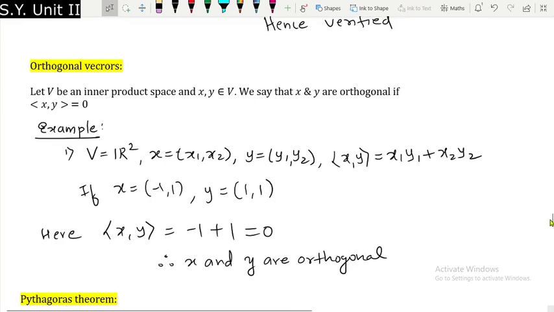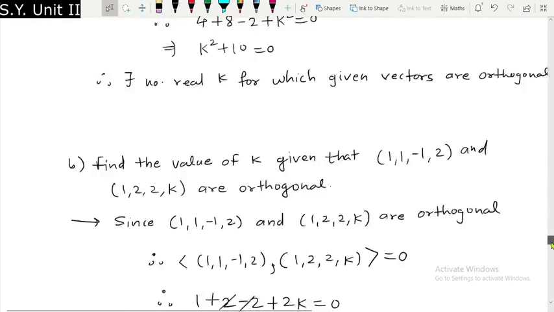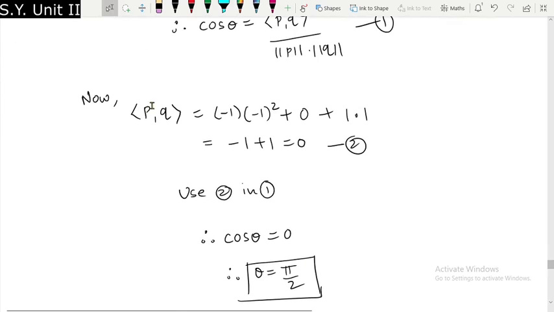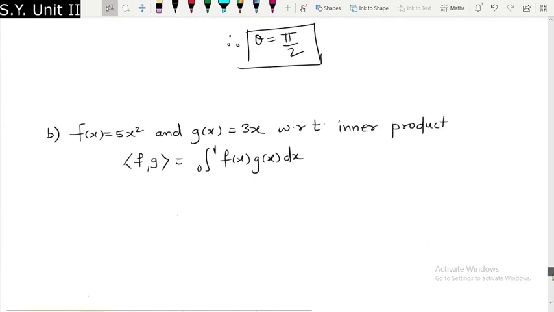So the geometrical interpretation of orthogonal vectors is that they are perpendicular to each other. In this example we got the inner product to be 0, so p and q are orthogonal. Since p and q are orthogonal, the angle between them should be pi by 2, and therefore we got theta equal to pi by 2.